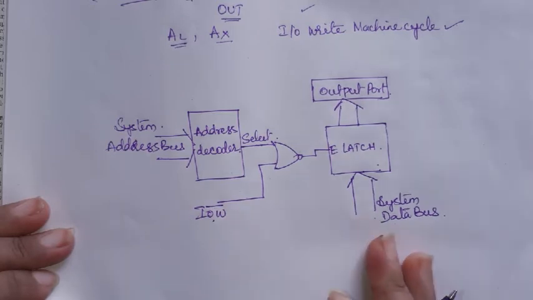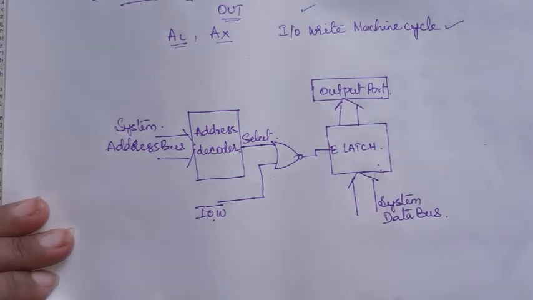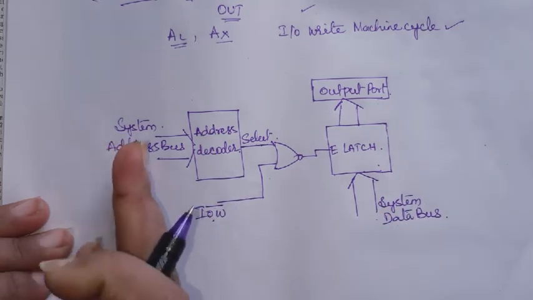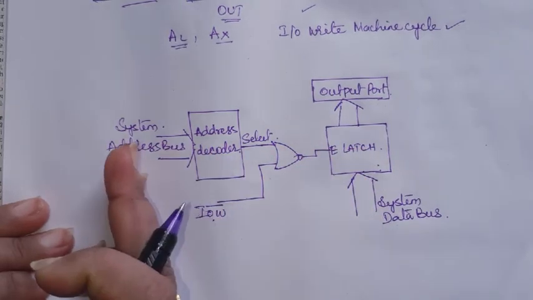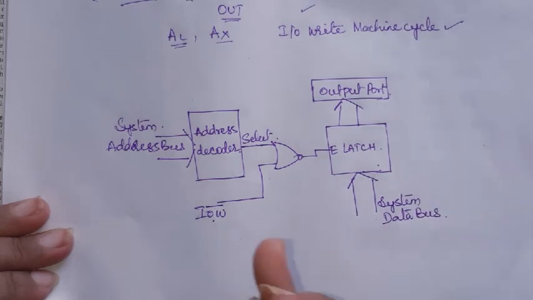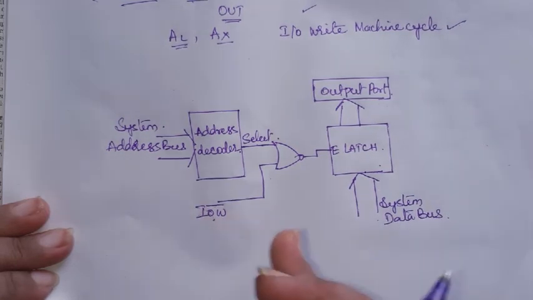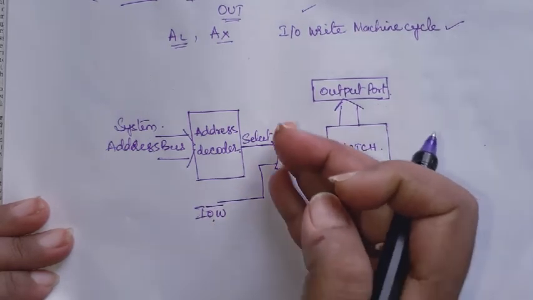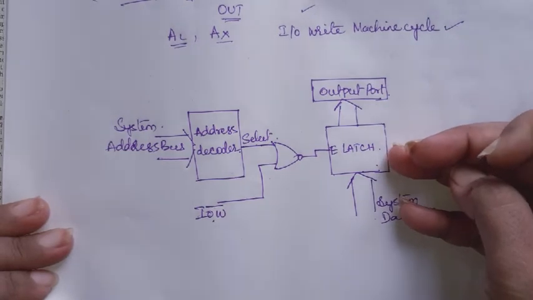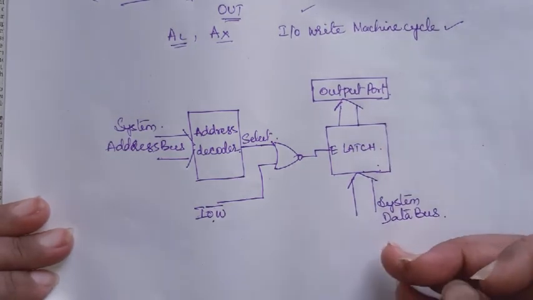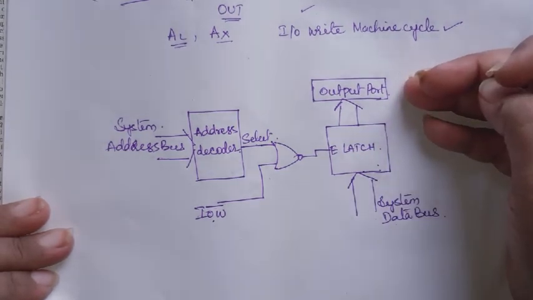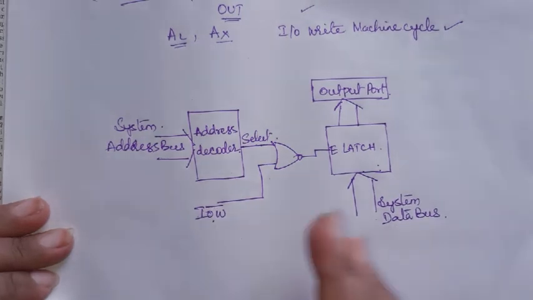Okay, so here to send data to output device, what the processor has to do, it places the output device address on the address bus, and data it places on the data bus, sends a control signal IO write, so that with this IO write signal the address is decoded to enable the latch. Once the latch is enabled, the data which is present on the data bus will be available on the output port. Okay, so this is what happens with the output port.